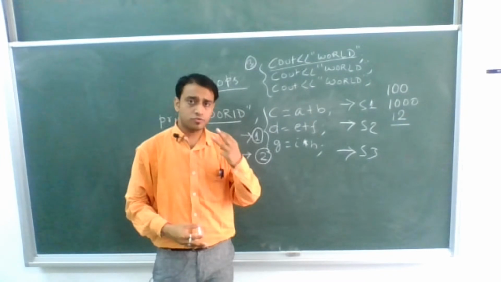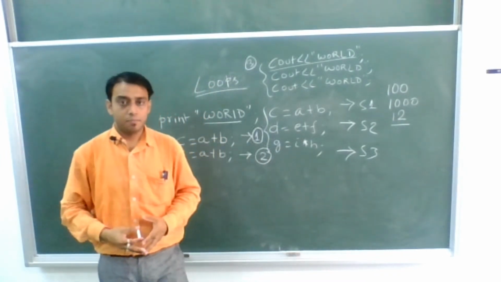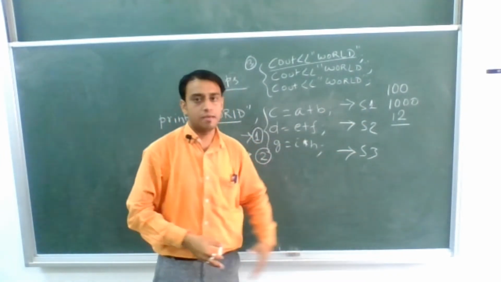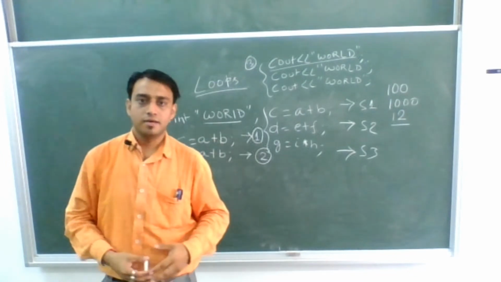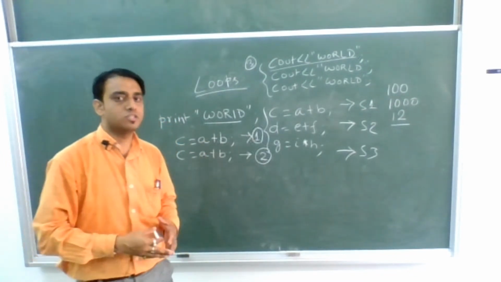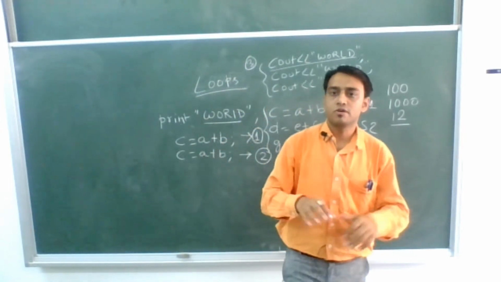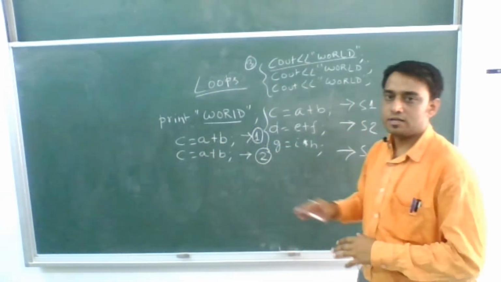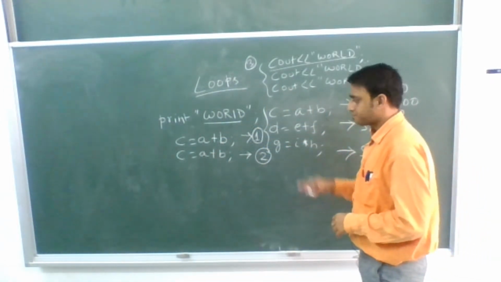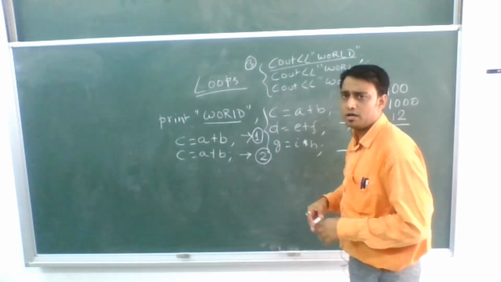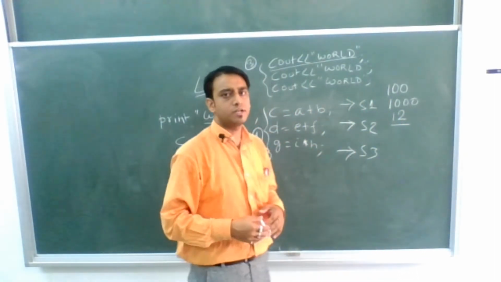Writing the same code 3 times is easier, but writing the same code 100 times, 1000 times, or 12 times is not that easy for us. You have to write the same code 100 times, 1000 times, whatever it may be.